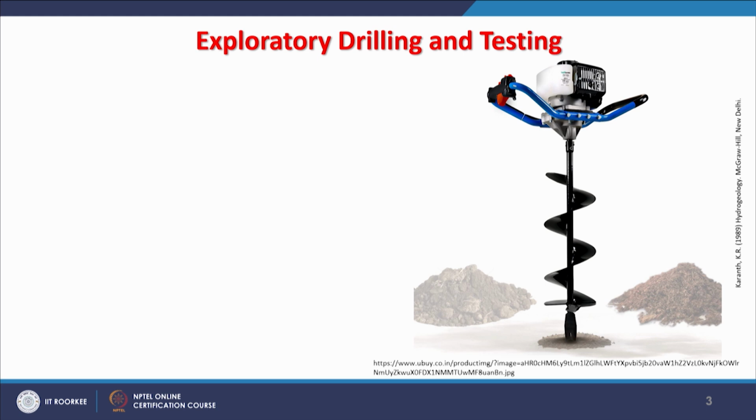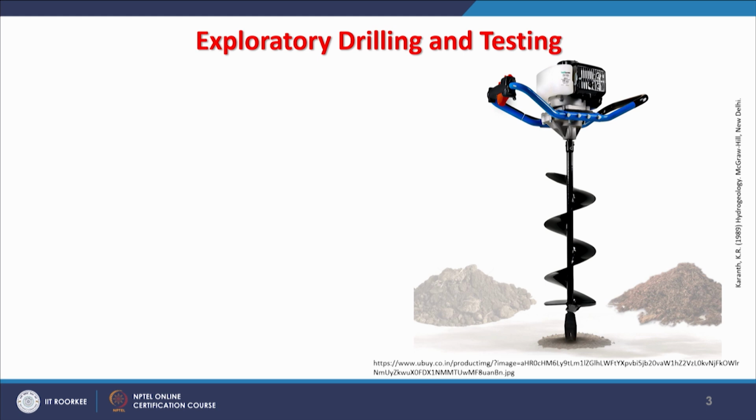A very simple method, which you might have seen in the Indo-Gangetic plain or in some alluvial areas, has no machine or motor on top. They have just an auger, and with human effort they keep turning it and go to a certain depth, take out whatever sediments have been excavated onto the surface, then add a length through a pipe and go again, doing it manually.